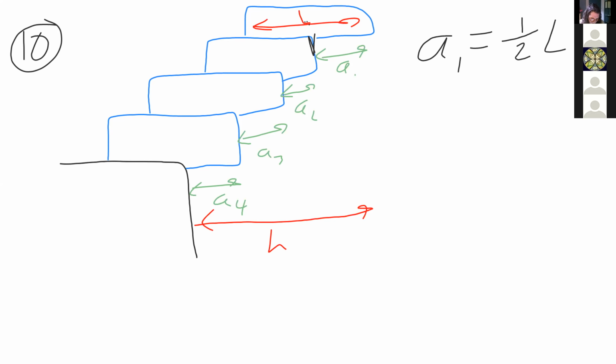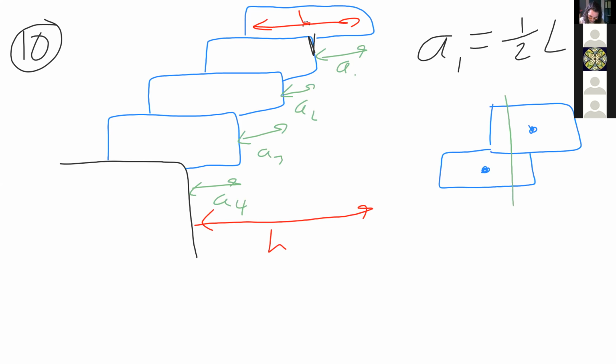Once I set that block there, the center of mass of that block and the one below it, to redraw the picture, you'd have one block with its center right here resting on top of another block with its center right here. Now the center of mass of these two blocks is going to be right in between their individual centers of mass, if you look at their horizontal center of mass.